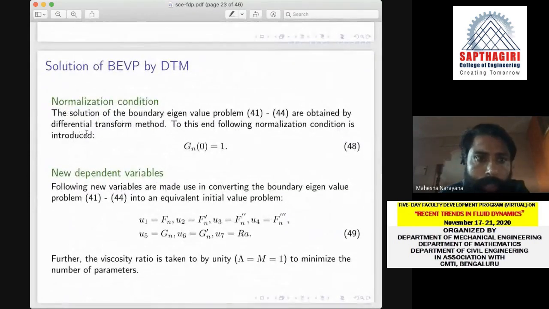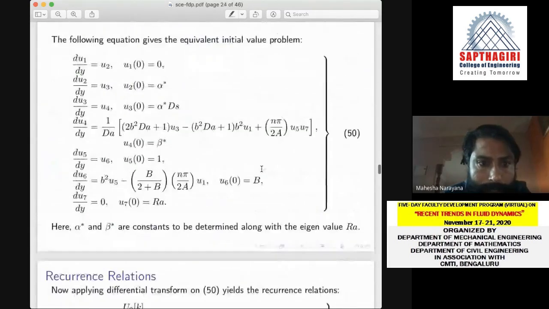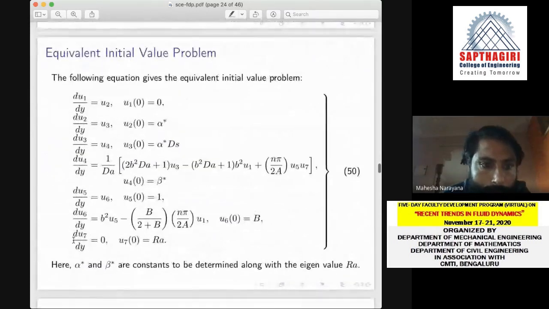We know that the eigenfunctions can be normalized, because any scalar multiple of an eigenfunction is also an eigenfunction. So if we use a normalization condition, that will cover one additional boundary condition. And this is the last equation which I'm introducing as an additional differential equation.